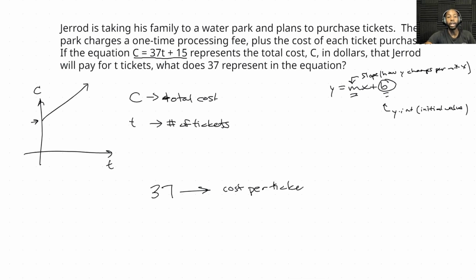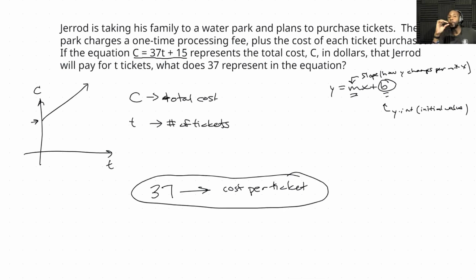Okay. Now, keep in mind, this is one part of this whole total. We get to add the cost of however many tickets we buy to the processing fee, and then that's going to be the total cost. But this is what they're asking us for. Let me know if you got it right.